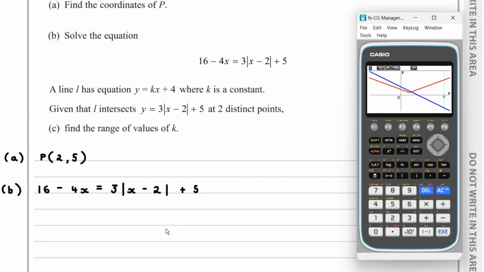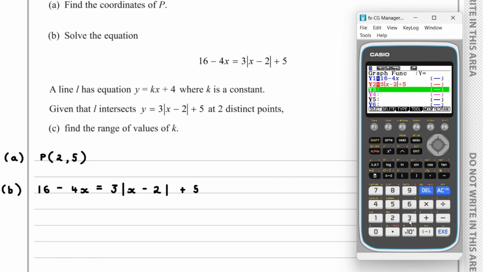How do we know whether the 3 times x minus 2 plus 5 gives us this solution, or negative 3 times x subtract 2 plus 5 gives us this solution? Well, the way to think about this is to draw both of those graphs.